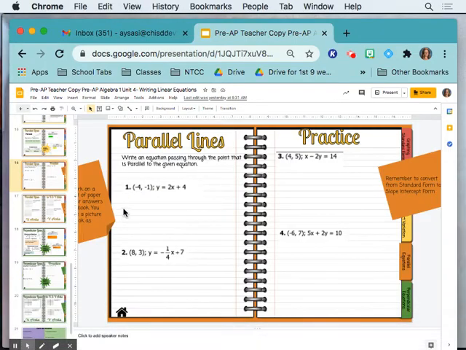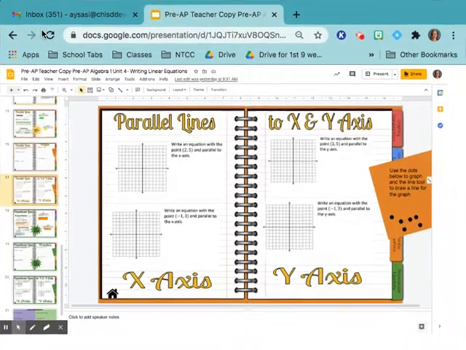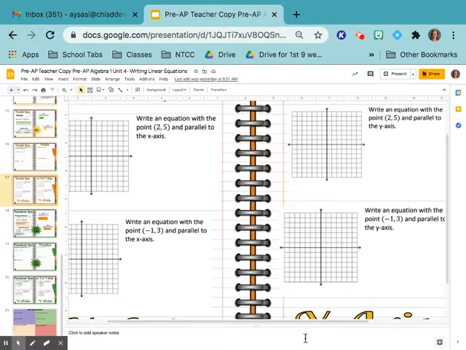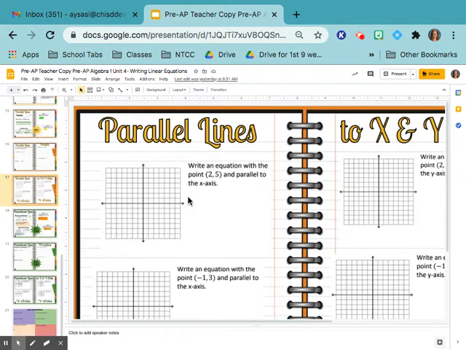Let's see where we're at now. Okay, so upload pictures on here. Let's look at slide 17. Write an equation with the point 2,5 and parallel to the x-axis. Okay, I am going to make a new page. I'm going to label this parallel line slide 17.